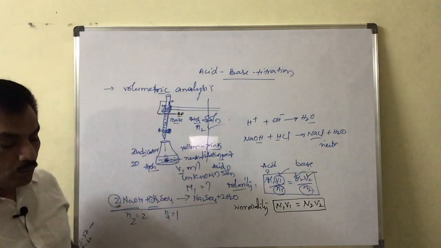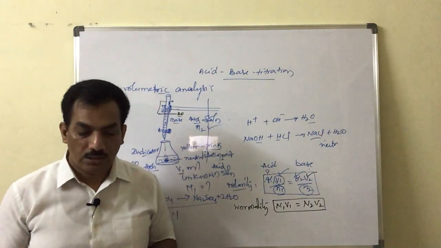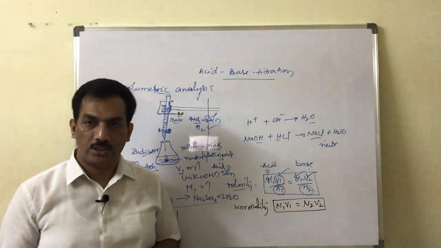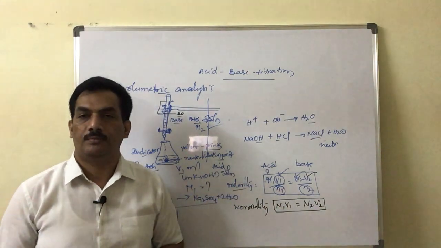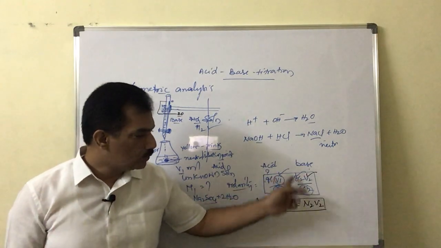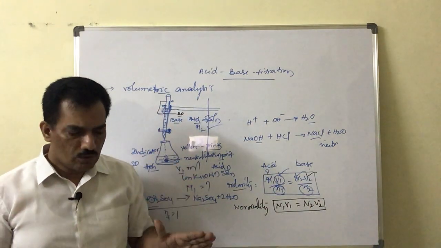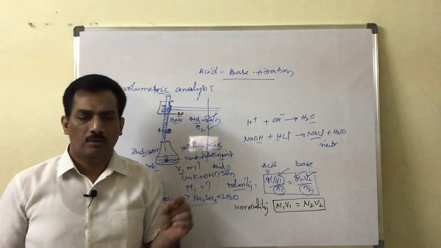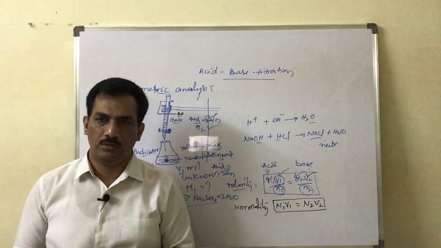There is no need to balance the equation when the concentration term used in titrations is normality. Clear? Just remember, the process is finding unknown solution concentration with the help of a known concentrated solution.